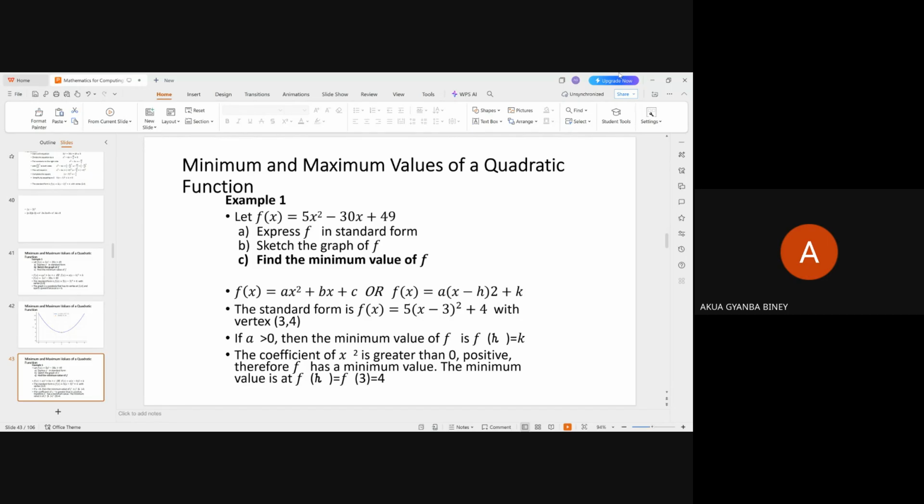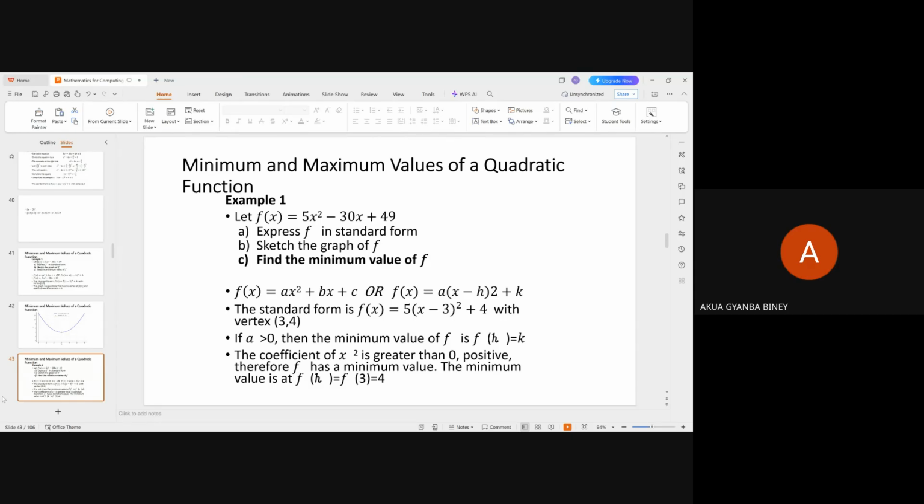The first one will give us 9 times 5 is 45, minus 90, plus 49. So 45 minus 90 will give me minus 45, plus 49. And what I end up getting is 4.